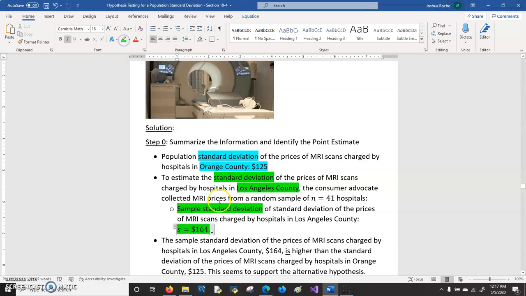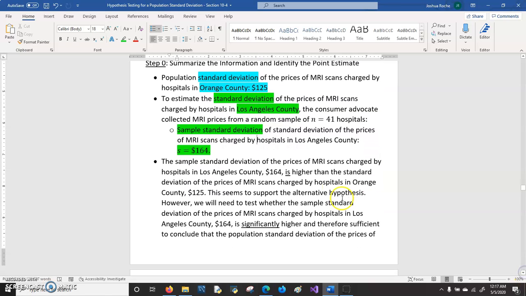So the sample standard deviation of MRI scans charged by hospitals in Los Angeles County, $164, is higher than the standard deviation of prices of MRI scans charged by hospitals in Orange County, which was $125. So this seems to support the alternative hypothesis.